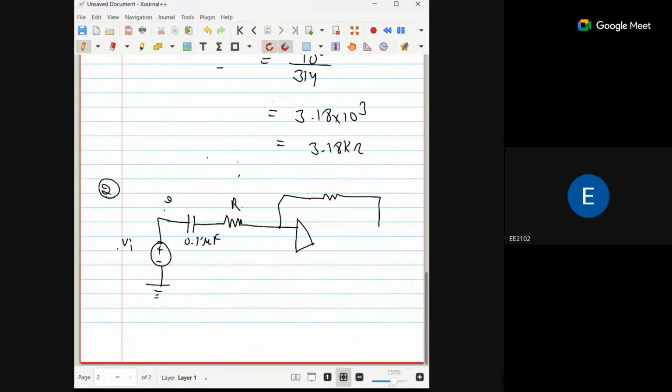It is R, here 50 kilo ohm, and its capacitor is 0.1 microfarad.